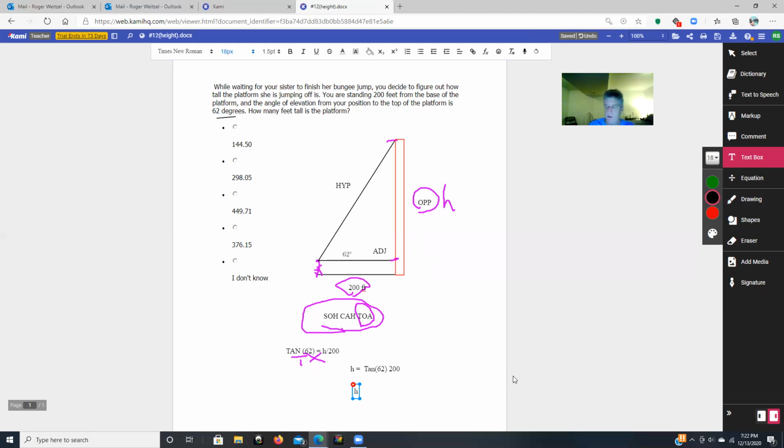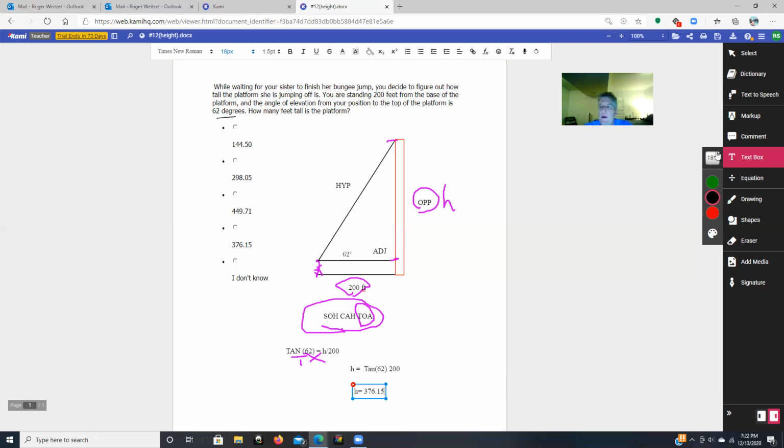So h is going to equal, now putting it in on the calculator it's a little bit tricky. So we're going to just do 62 tangent and then multiply that by 200. I get that this is 376.15.